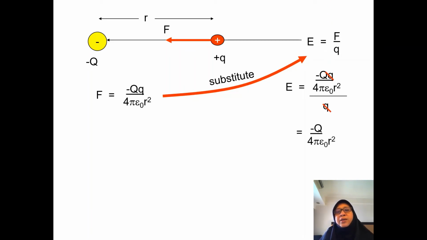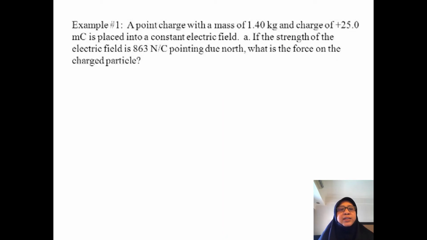So we get E equals negative Q per 4 pi epsilon naught r squared. This means that for a negative point charge, the direction of the electric field is radially inward, given by the negative sign. Let's try this example.